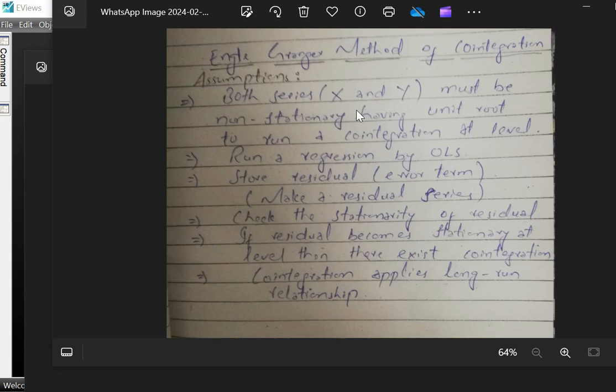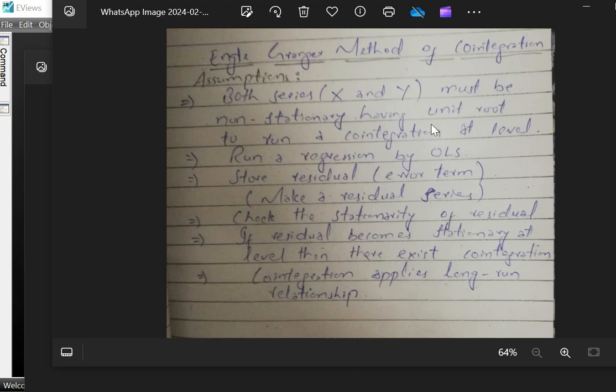First of all, we need to check x and y. Here in this case, money supply and CPI must be non-stationary, having a unit root. If they are non-stationary, we apply unit root tests. In my previous lectures I already discussed unit roots and how we can convert a non-stationary series into a stationary series to run a cointegration at level.